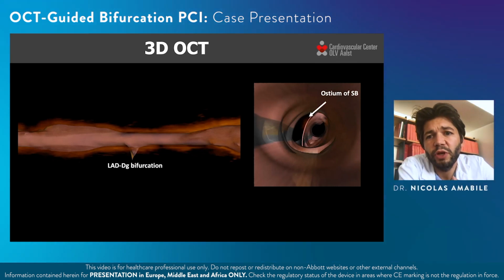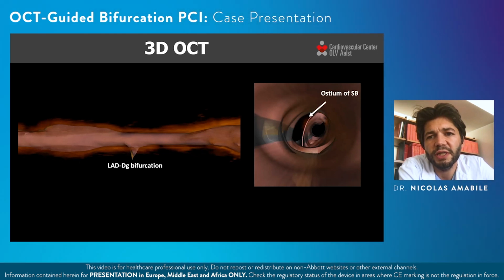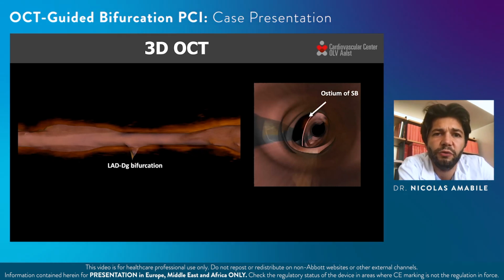I think when we get in-stent restenosis, it's very important to perform an OCT to analyze first if it's neointimal hyperplasia or if it is neoatherosclerosis, because then the treatment will be quite different. And so also to analyze the reason for in-stent restenosis.